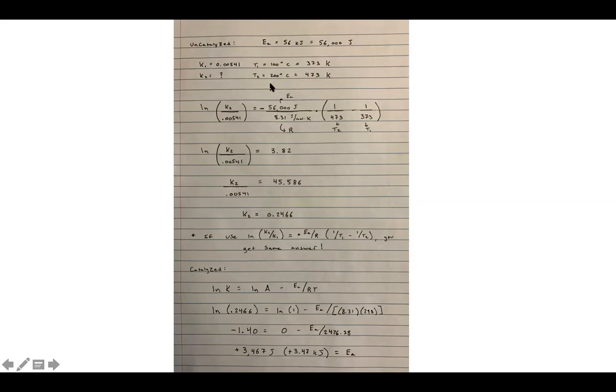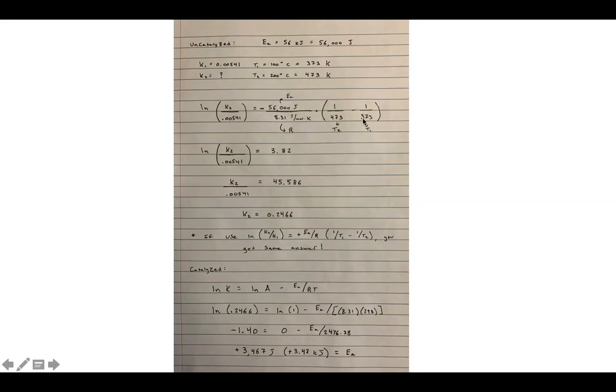Now you may notice if you look at your equation sheet that the equation I use is slightly different than the equation on the equation sheet, right? The equation on the equation sheet is positive activation energy over R, and then it's 1 over T1 minus 1 over T2. I do negative activation energy over R times 1 over T2 minus 1 over T1.